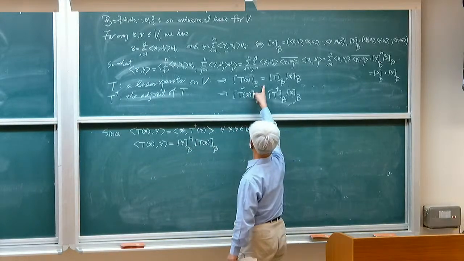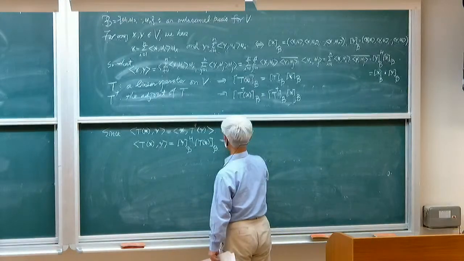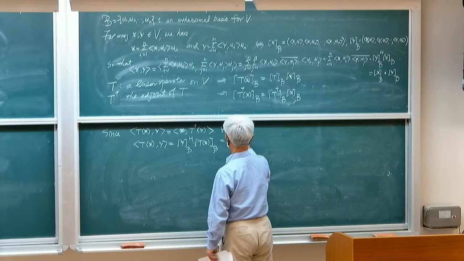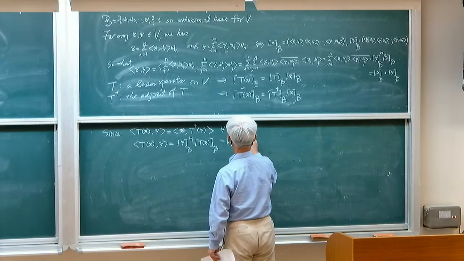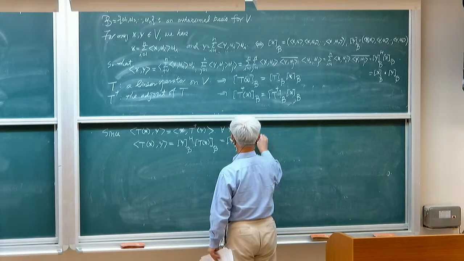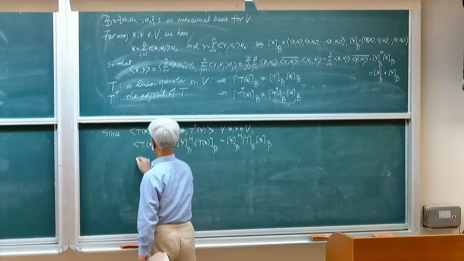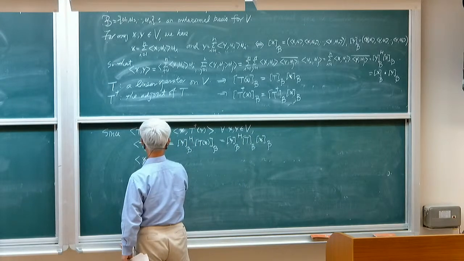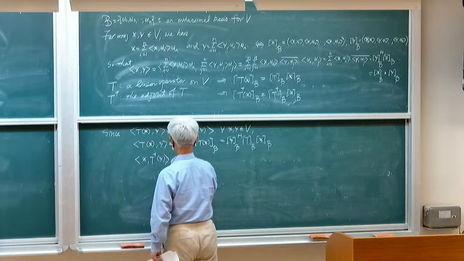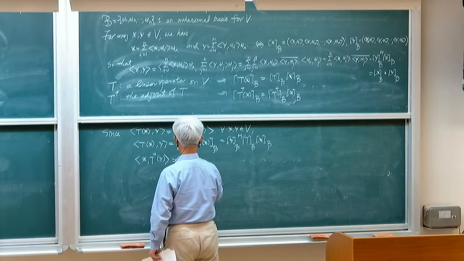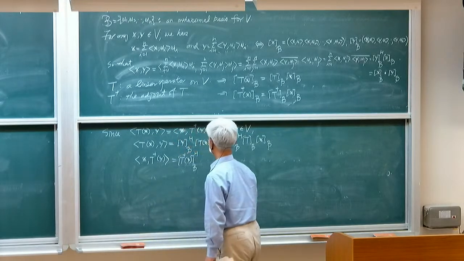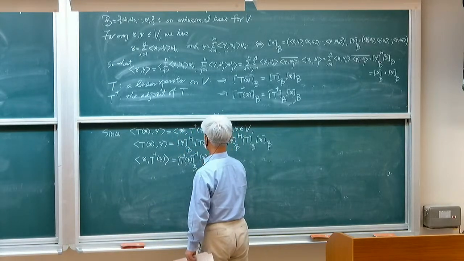And by using this one, so this is y, and the T, and the x. The other way is x, T dagger y. So this is T dagger y, Hermitian, and x_B.